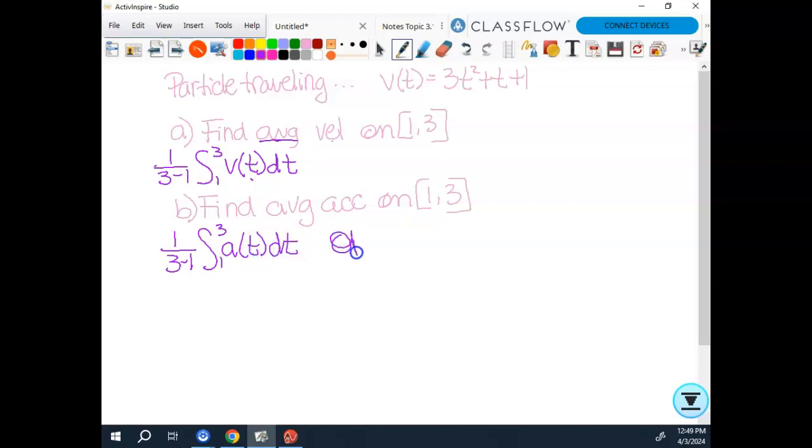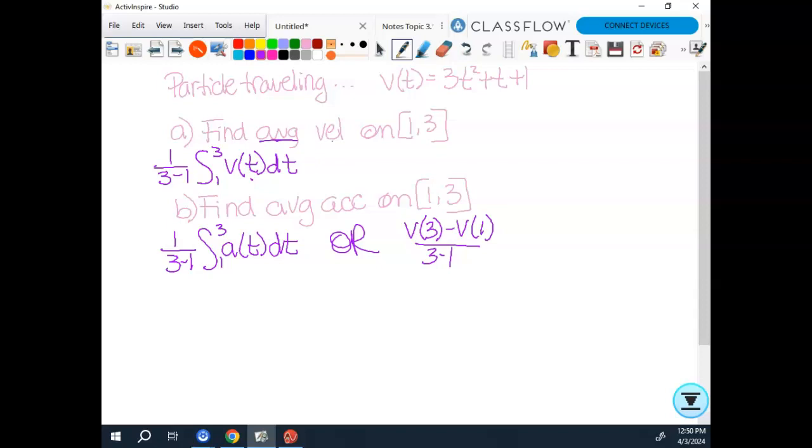Or, because I actually have enough information, acceleration is the rate of change of what? Velocity. So, or I could do v of 3 minus v of 1 over 3 minus 1. Right? Does that make sense?